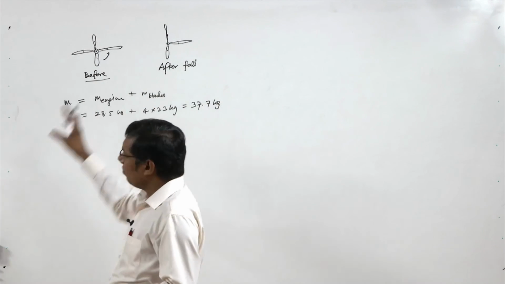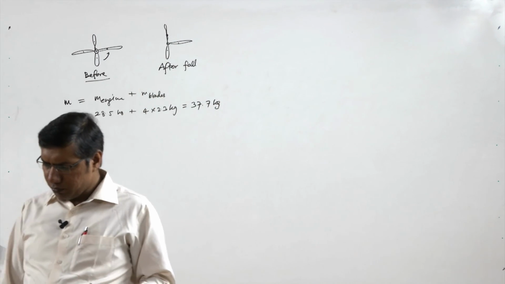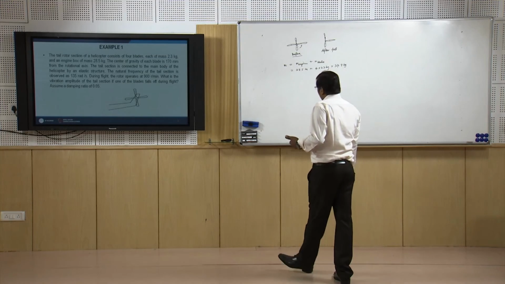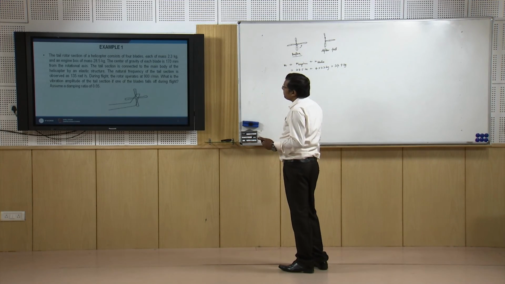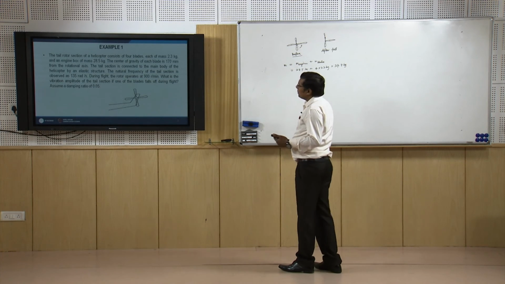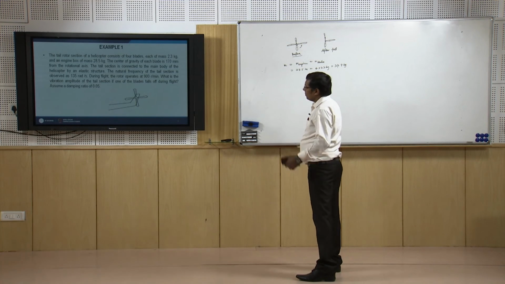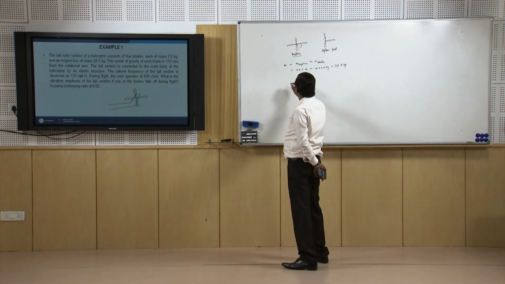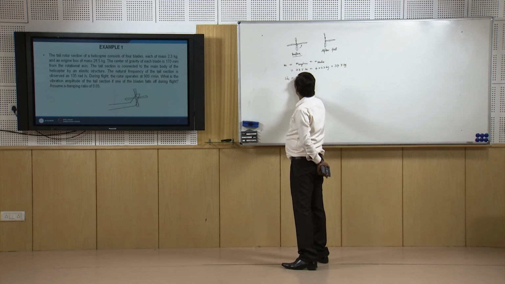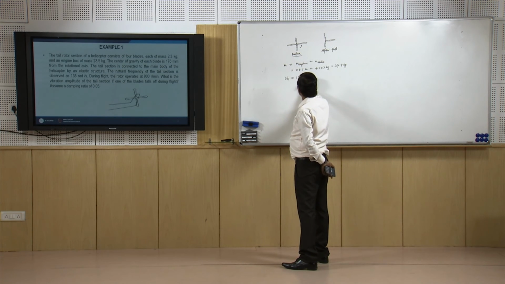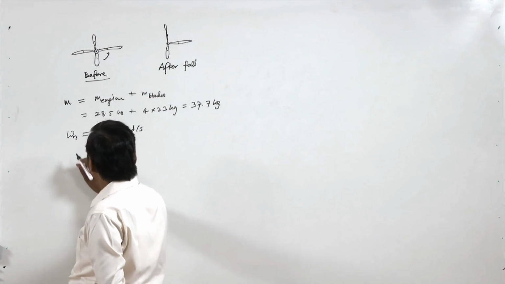This is the total mass of the system, and it is given that the natural frequency of this section is 135. So omega n is 135 radian per second.